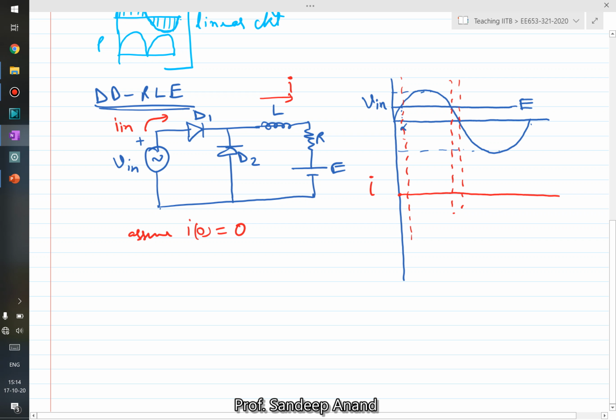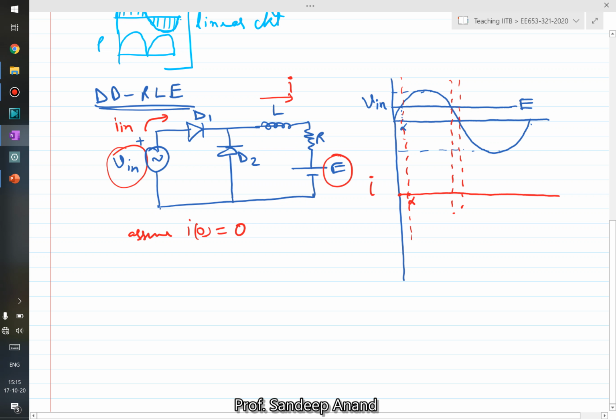Your voltage E is more than V in, and therefore the diode D1 would remain reverse bias. Moreover, E would try to force a current, but then it cannot flow through D2. So therefore D2 would also remain reverse bias. So both diodes would be reverse bias till the point alpha.